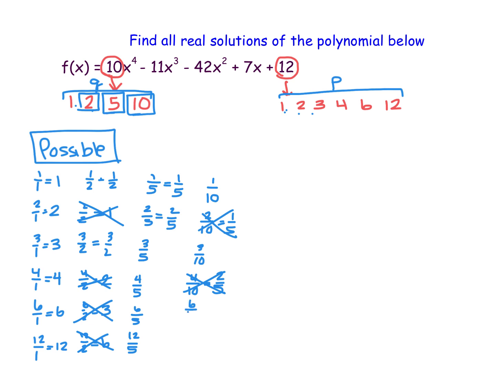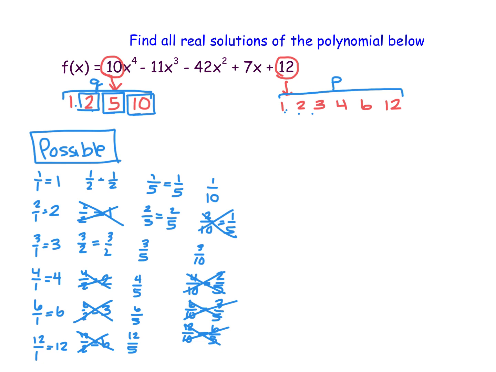We then have 6 over 10, which simplifies to 3 over 5, which is a repeated number. And then we also have 12 over 10, which simplifies to 6 over 5 and is also a repeated number.